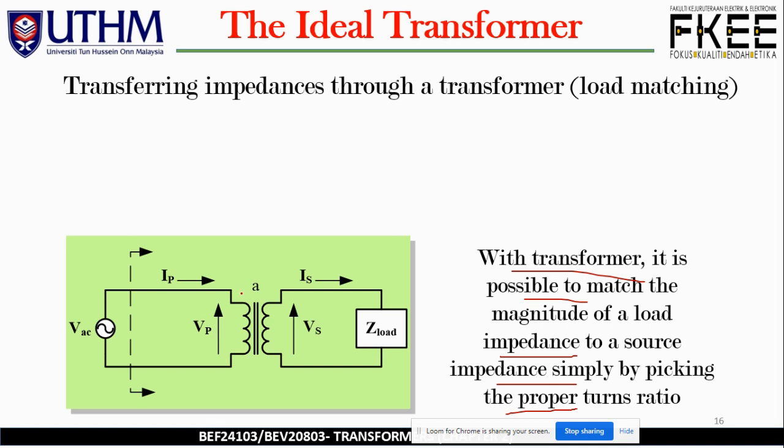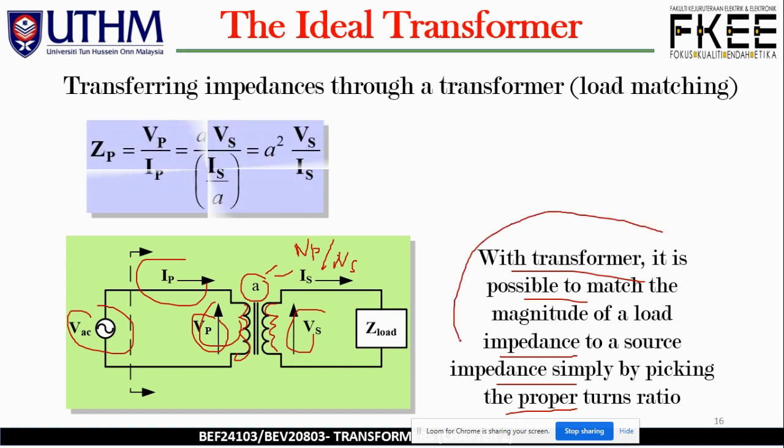So we have again the VAC, we have IP, VS all here. So this is the winding, particularly for the primary part as well as the secondary part. In between we have the turns ratio, for example NP over NS. Then what happened?